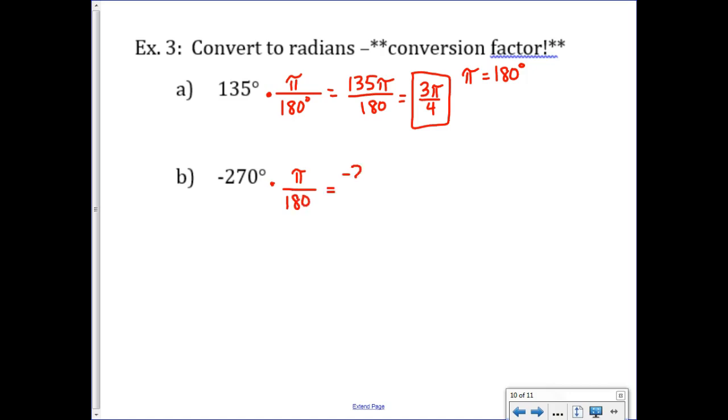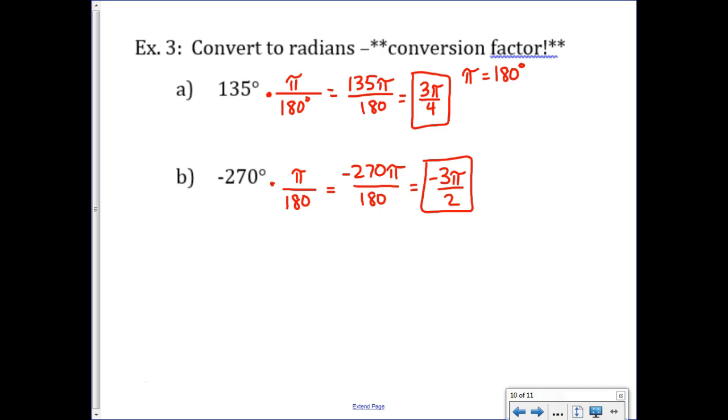We get negative 270 pi over 180, which reduces to negative 3 pi over 2. If you're not sure how to put that in the calculator, I just ignore the pi. Put the negative 270 divided by 180 in your calculator and reduce that fraction, and then bring that pi back along with you to make up that fraction.